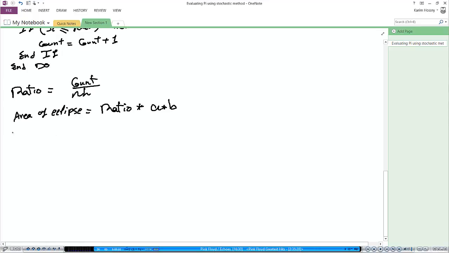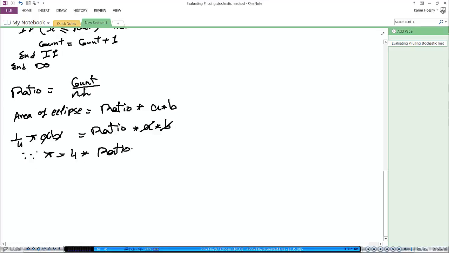The area of the ellipse is quarter pi ab, which equals ratio times a times b. We can cancel b and a, therefore pi will equal 4 multiplied by the ratio. And this is how you evaluate pi using the Monte Carlo technique.